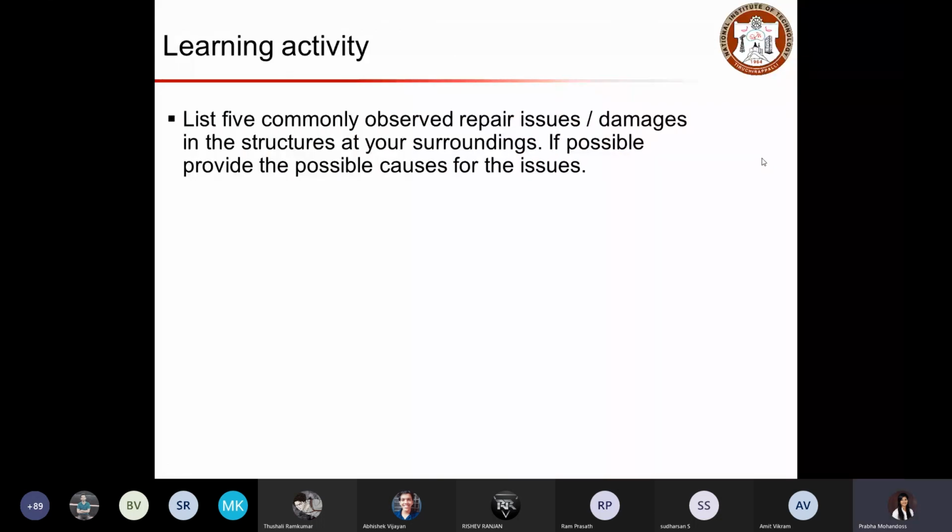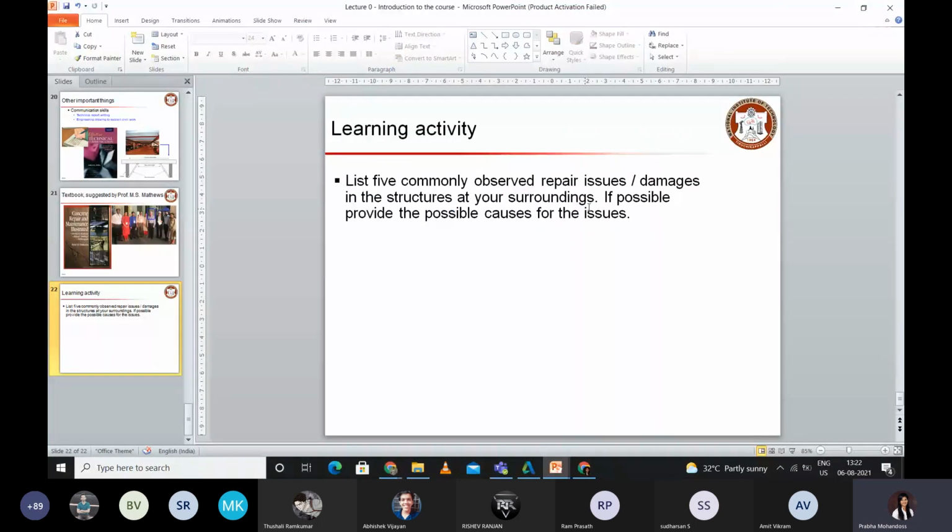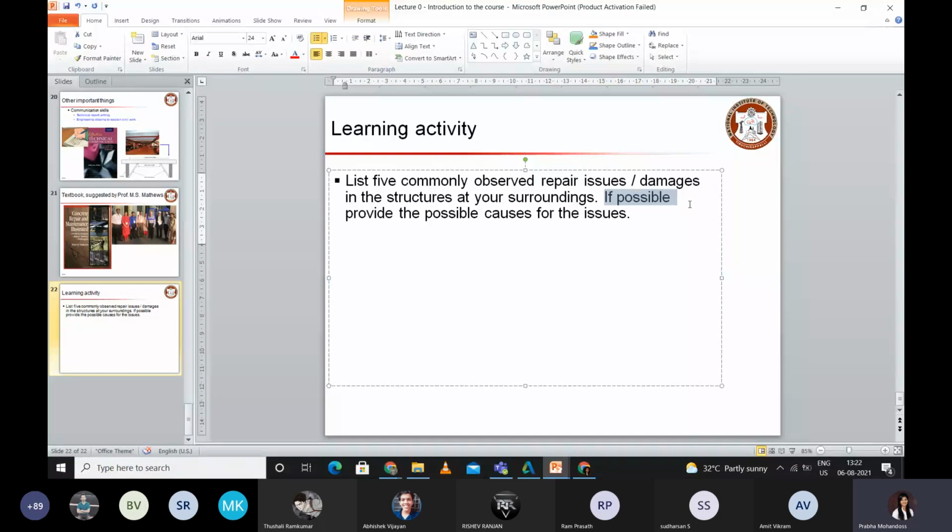What I suggest is, just list 5 commonly observed repair issues or damages in the structures in your surroundings, and if possible, provide the possible causes for the issue if you have observed it. It need not be the exact or correct cause, but whatever you think are the possible causes for the issue, you can list those out. We will have a discussion in class as we move on. All right.